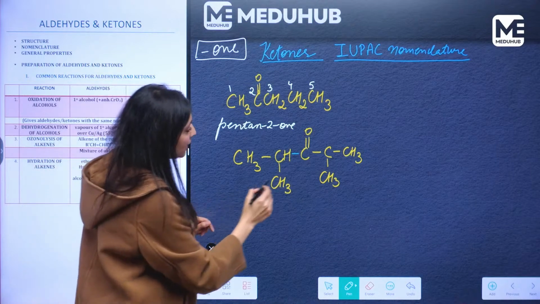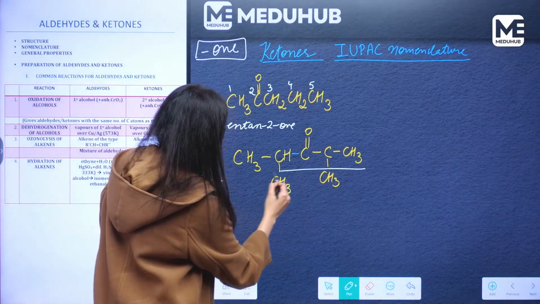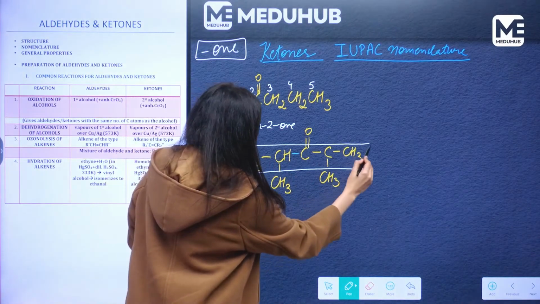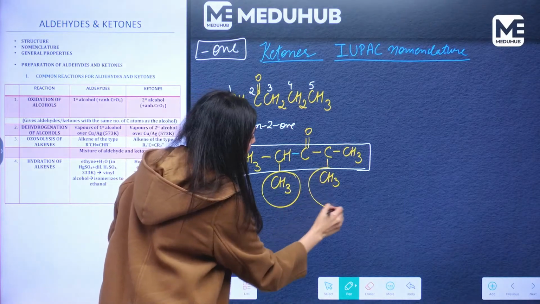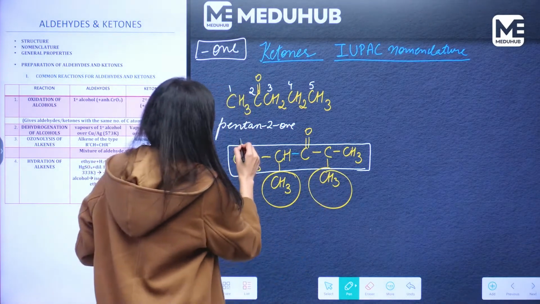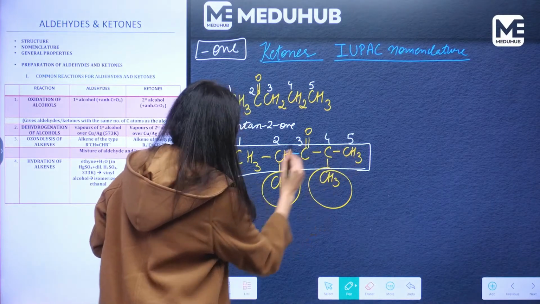Looking at this example now, 1, 2, 3, 4, 5. It is a 5 carbon chain. There are 2 methyl substituents here. We will start numbering 1, 2, 3, 4, 5.